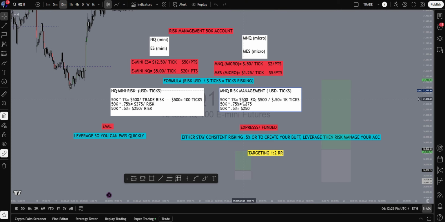Your little math, you get your USD. Once you get your risk USD, then you divide it, right here, this is your example, by your ticks. There's 4 sections. There's NQ ticks, ES ticks, those are minis. Then there's micros. There's micro NQ ticks, and there's micro ES ticks.